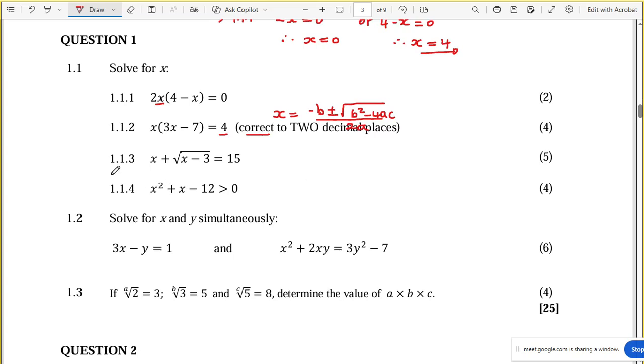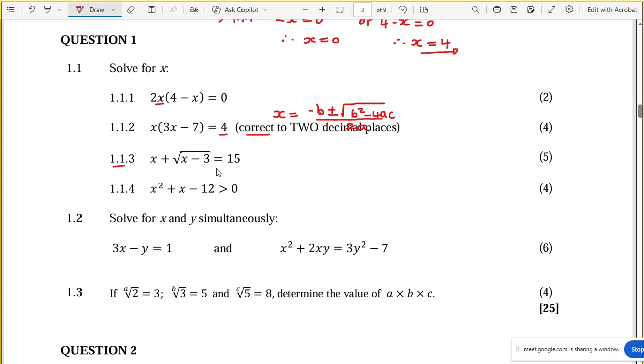Okay, so when you look at 1.1.3, this has to do with sets. What should we do from this one? Can someone please tell me what is the first thing that you do? Anyone?